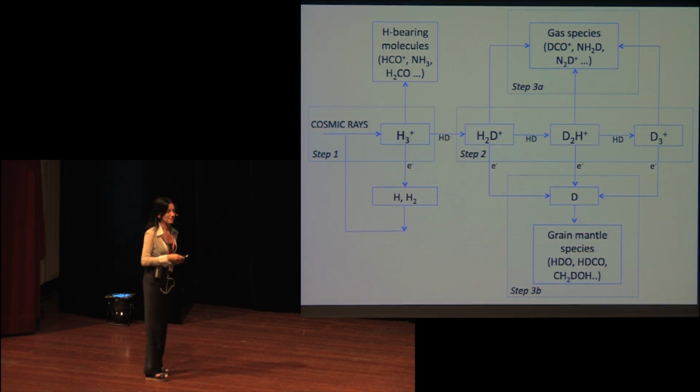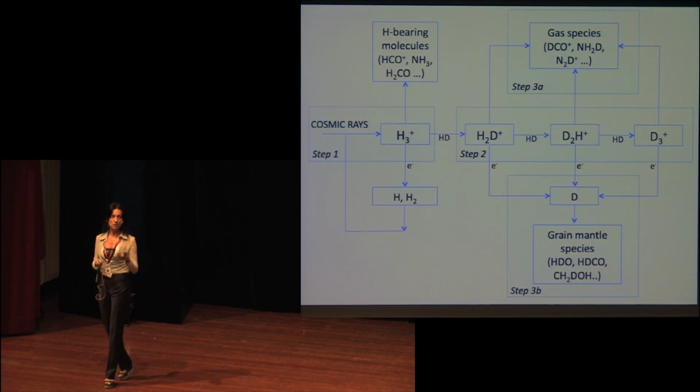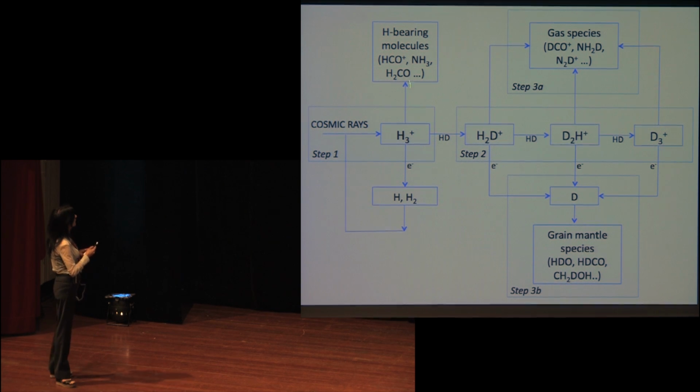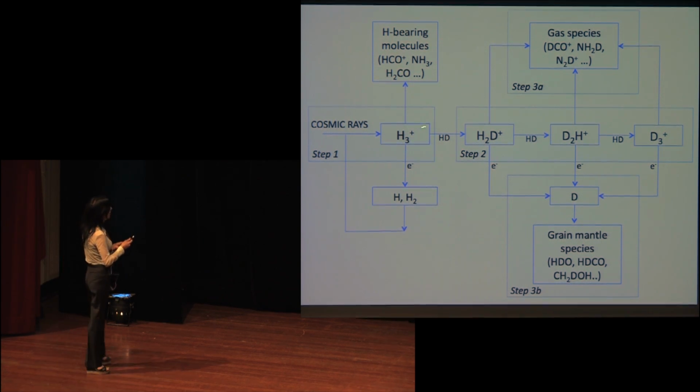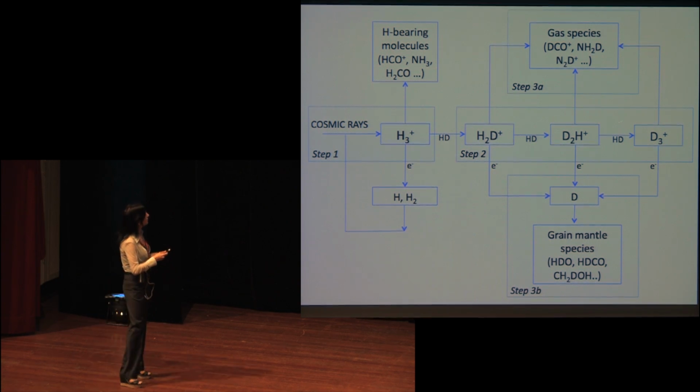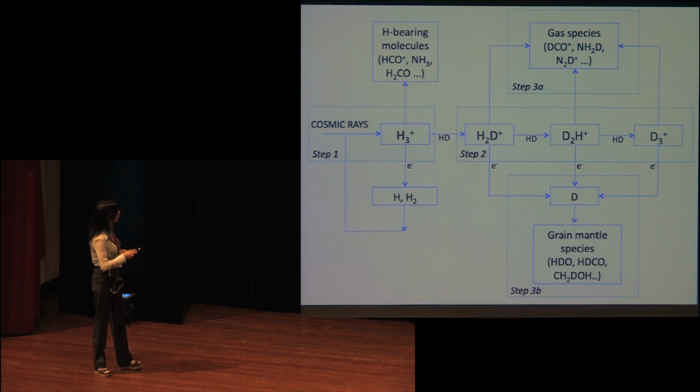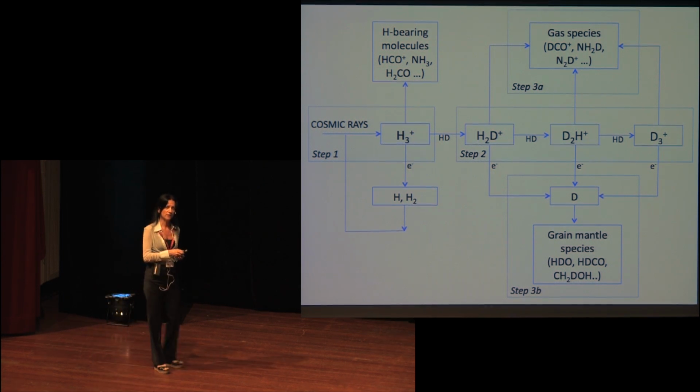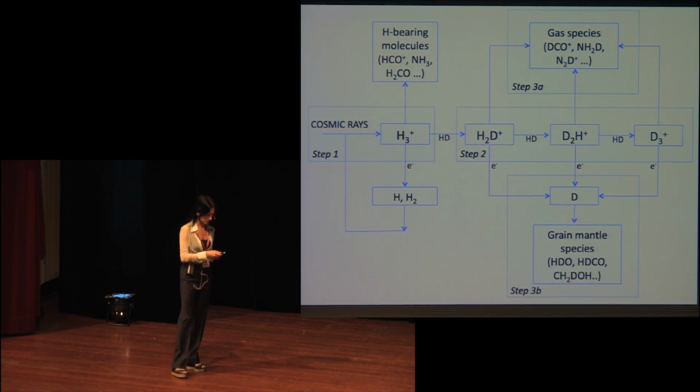Now these H3+ can actually give a proton to other species and form, for example, precursors to important and easy to observe molecules like ammonia, formaldehyde, HCO+, or dissociatively recombine with electrons and form hydrogen or molecular hydrogen. However, if it encounters HD, and HD is about 10 to the minus 5 compared to H2, as we've seen in the previous slide, that is the cosmic abundance, then it can form H2D+.